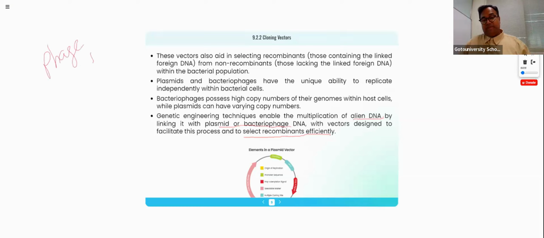Phage DNA is very important in incorporating the foreign gene of interest into the host DNA. And second, in this particular context, who is the host?